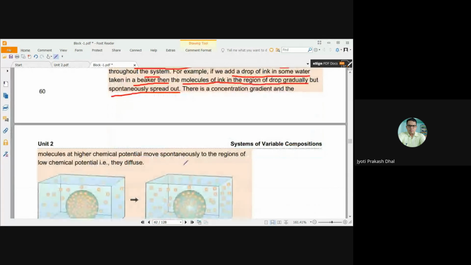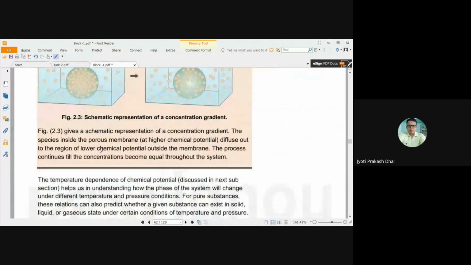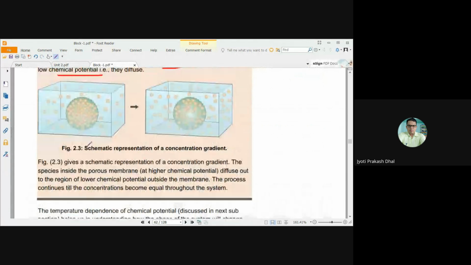So this is a concentration gradient, and the molecules at higher chemical potential move spontaneously to the region of lower chemical potential. This is the figure: this is the drop of ink and this is the water. Gradually the ink will spread throughout the container. The figure gives a schematic representation of a concentration gradient.